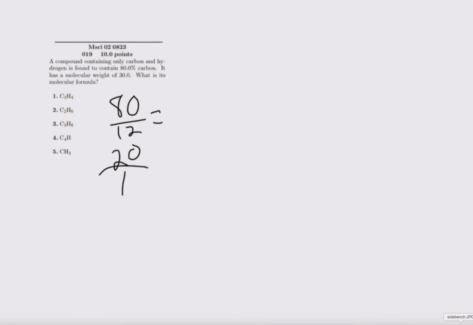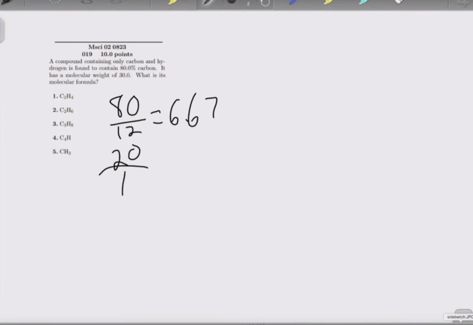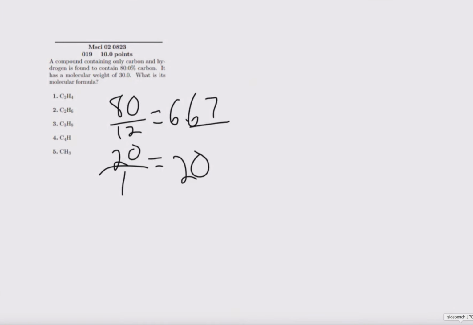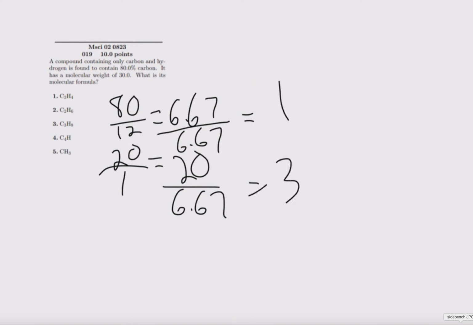When we do 80 divided by 12, we get 6.67. When you do 20 divided by 1, you get 20. So to find the empirical formula, we divide each number by the smaller number, 6.67. We get 1 for the carbon, we get 3 for the hydrogen. So that means the empirical formula is CH3.